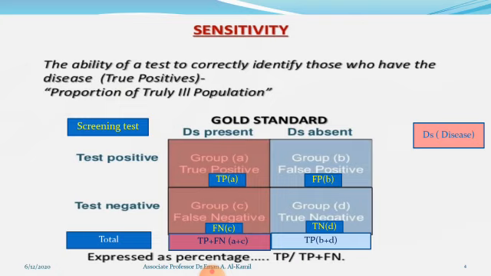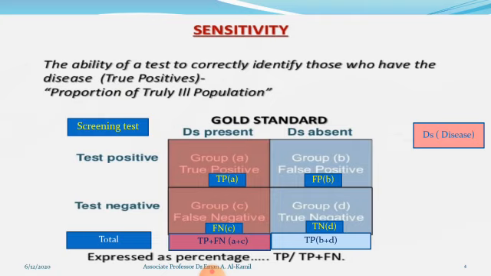B denotes the individuals who are positive by the screening test but negative by the standard test. Letter C denotes the group of people who are positive by the gold standard test but negative by the screening test. And D denotes the group of people who are negative by both.